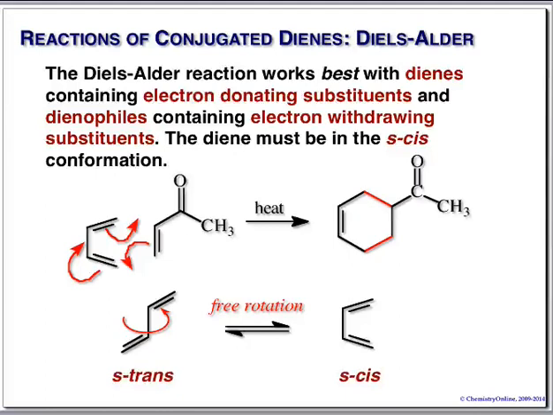As I said, in order for this reaction to occur, the diene has to be in the S-cis configuration. Now, this does require some energy. That's pretty much why you have to warm it up. Actually, most Diels-Alder reactions are done in what's known as a bomb.